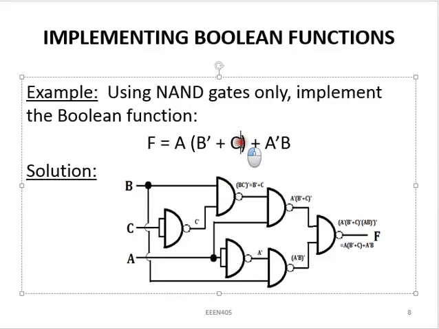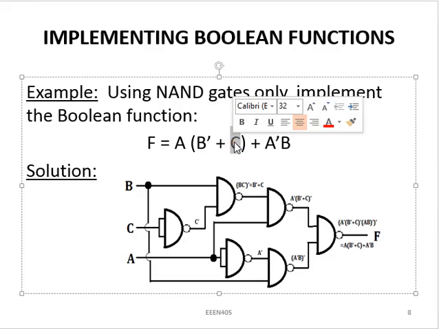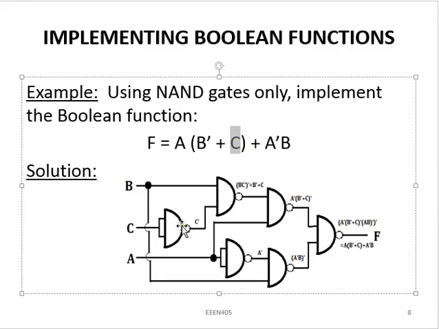And the other thing that is being added to the b prime is real c, so I will pass it through a NAND gate to give me c prime, then pass it to the NAND gate, so that b and c prime are going into this NAND gate as inputs, and this will give me (b c prime) all prime. If you expand it using De Morgan's theorem, it will give you b prime plus c, which is exactly what we have in the bracket.